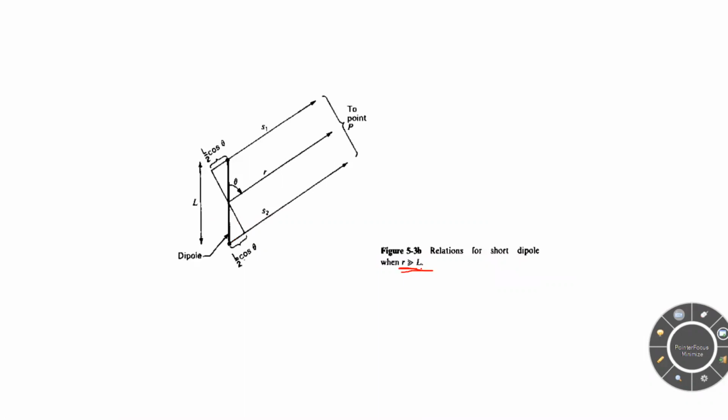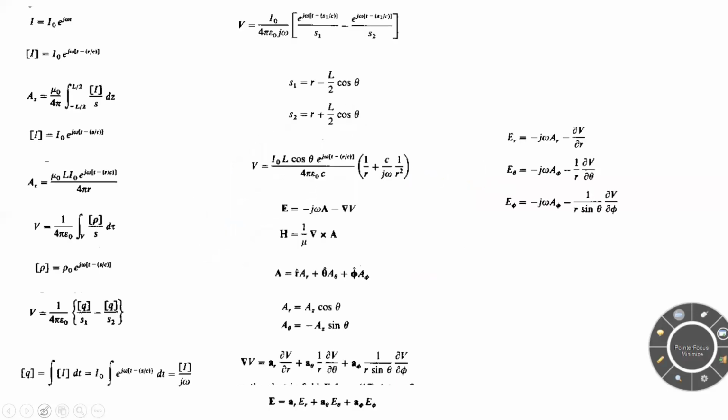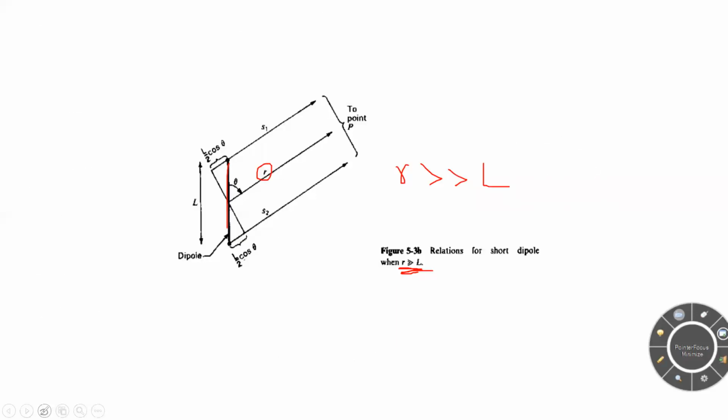Based on that assumption, we consider R to be much greater than L, the length of the dipole. The distance of the point of observation is very much greater than the length, because of which we can consider these lines to be parallel.